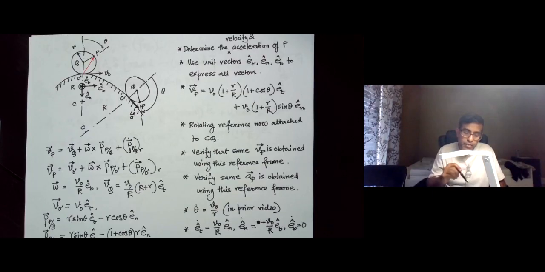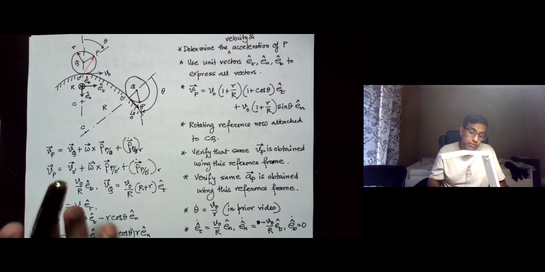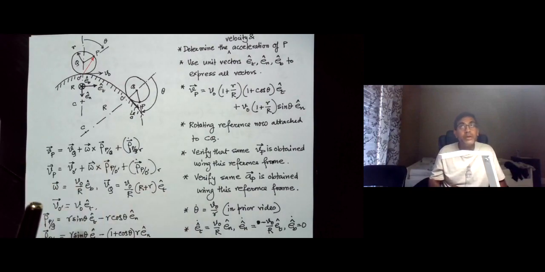So we have worked on this problem in the past few videos. Through this video series we are trying to demonstrate the use of different rotating reference frames, and how the same problem can be solved using different rotating reference frames, so that we clarify this idea of rotating frames.